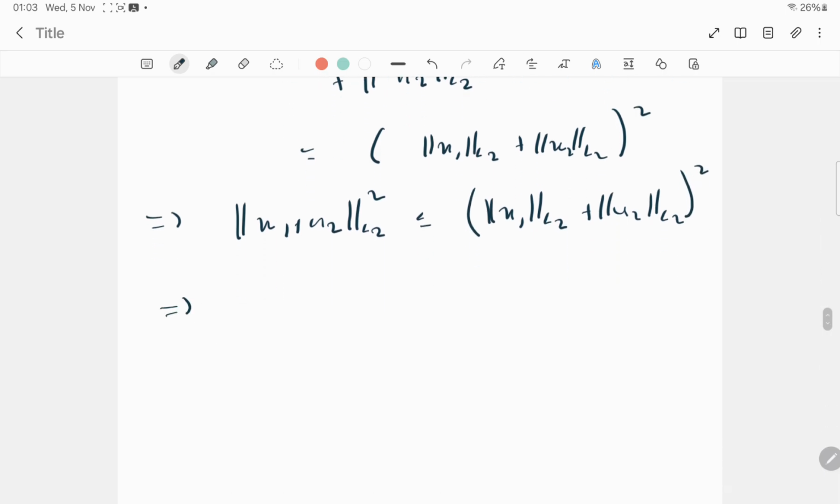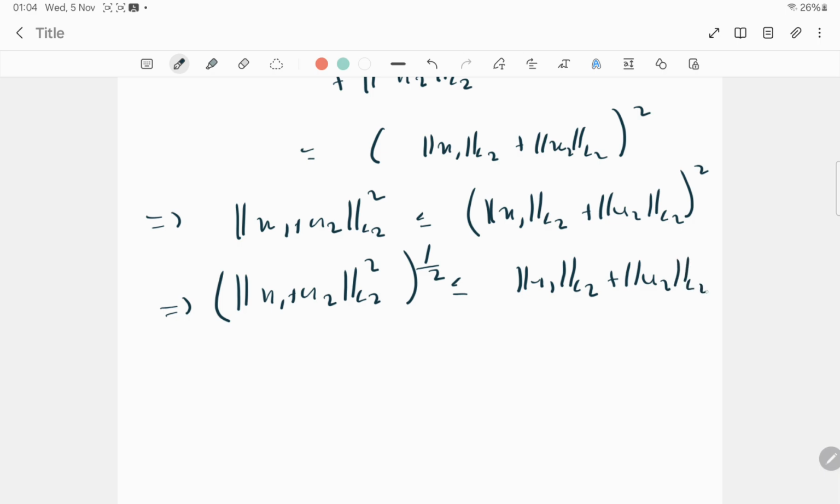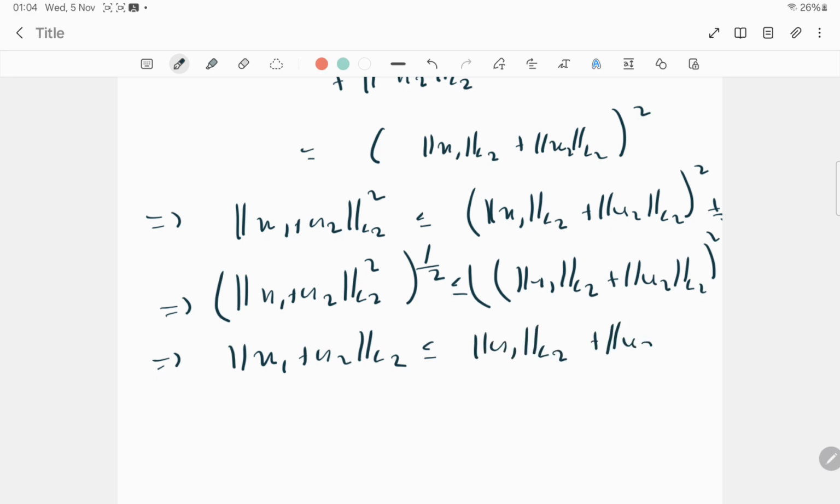We raise both sides to the power of a half. And that's going to give me the norm of U1 plus U2 in L2 less than or equal to the norm of U1 in L2 plus the norm of U2 in L2. And that concludes the proof.